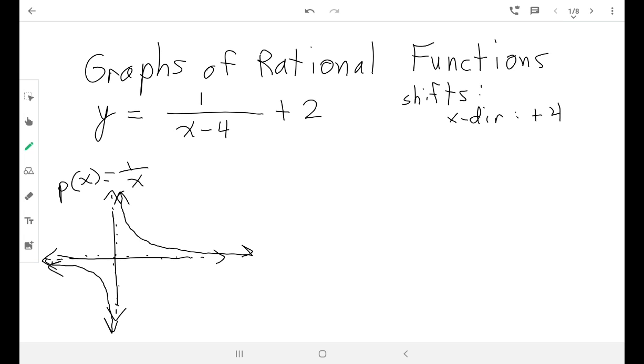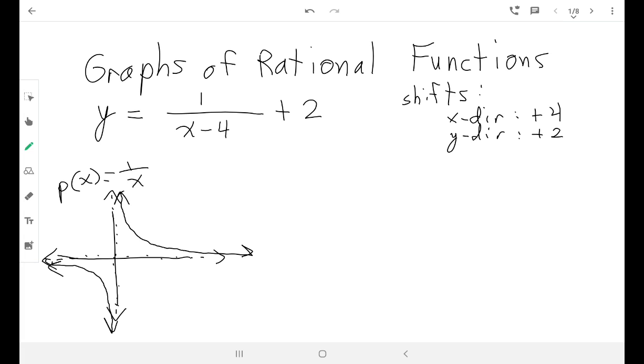So the shift in the x direction is positive 4 because we see a negative 4 there. The shift in the y direction happens because it's not grouped with x, and happens as you see it. So the shift in the y direction is plus 2. Shifting happens in equations when you have pluses and minuses, that is, when you have addition and subtraction.